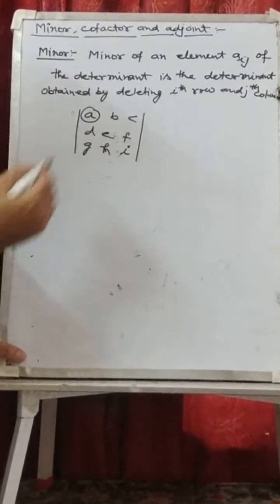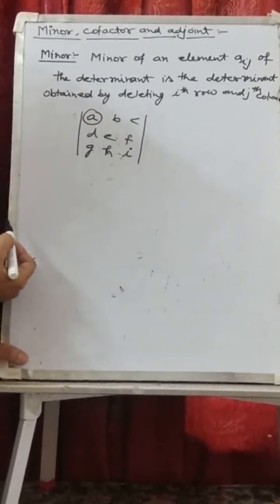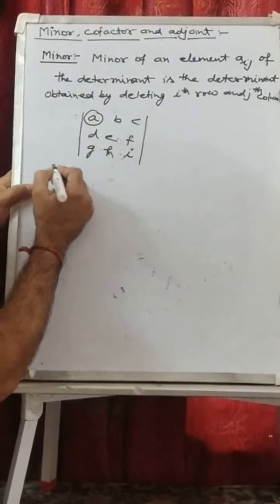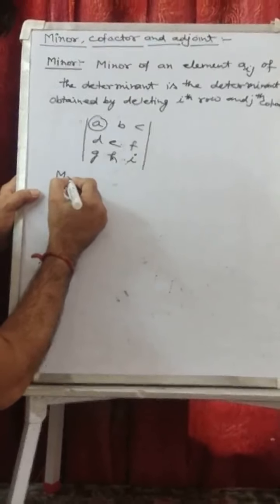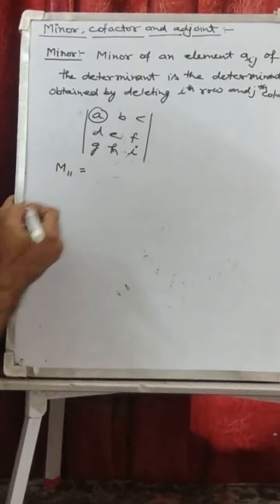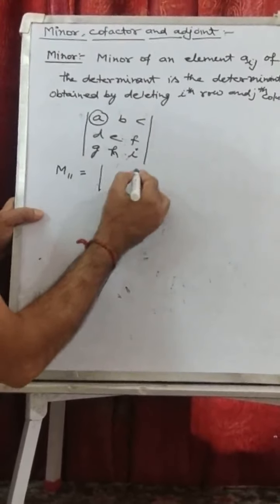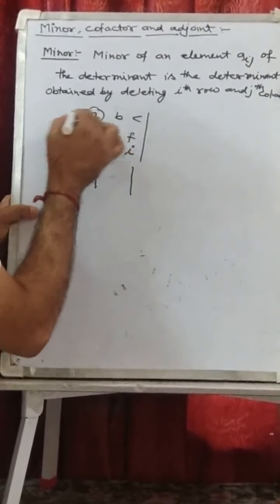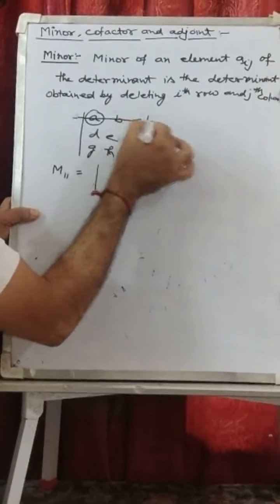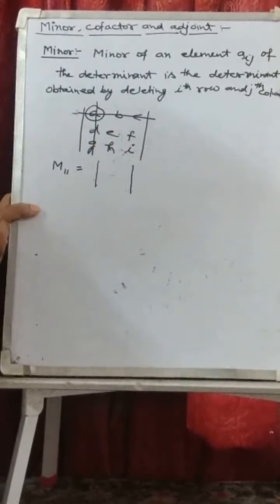As we know, this element is denoted by A11. So we will do M11 equal to the determinant. Now delete the ith row and jth column, means first row and first column.